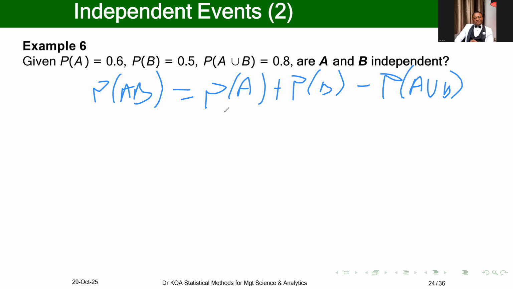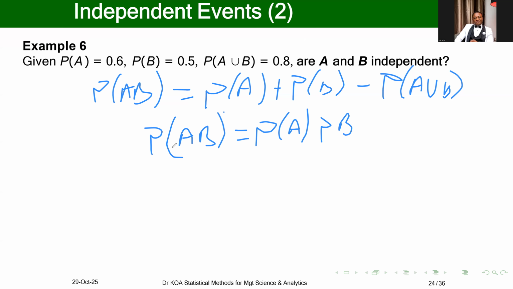Remember we just said, if they are independent, then the probability of AB is equal to the probability of A multiplying the probability of B. Is that not so? Yes. We just said this some few minutes ago. That's independence.